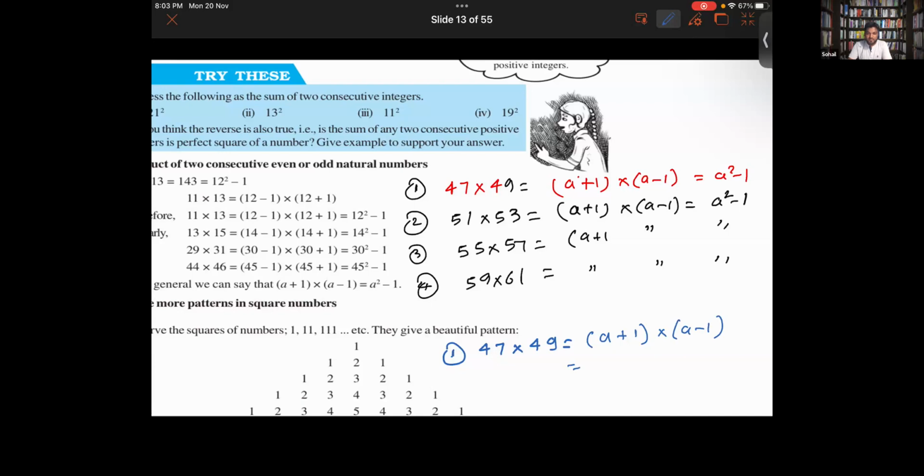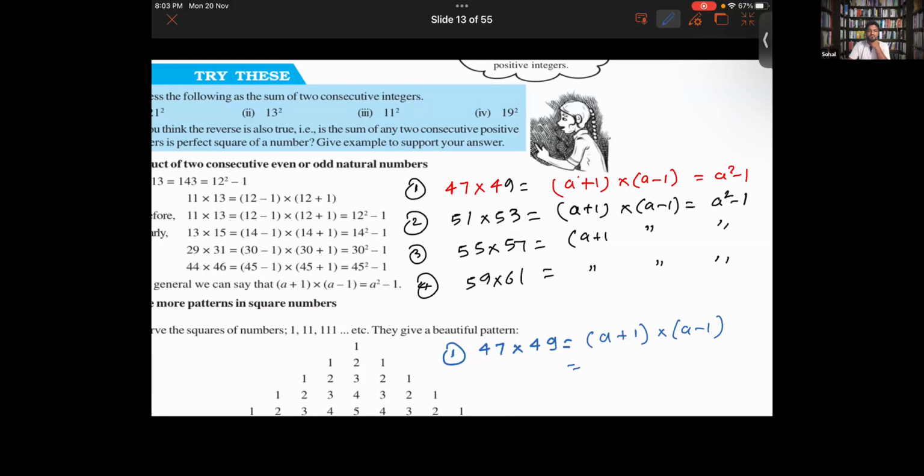Then I see that I can write them as how. Further, what you have done here? Sir, I noticed that when we are multiplying, they are the constant numbers.